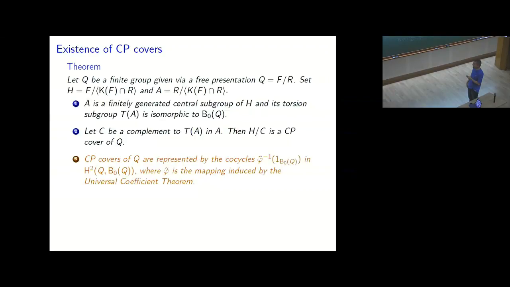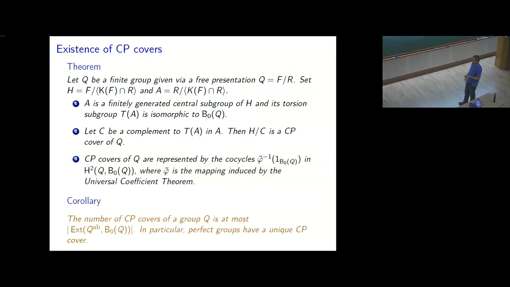Basically, you have to look at the cocycles in the kernel of this phi tilde map, which comes from the universal coefficient theorem. If you remember that theorem, you just have to use this B naught of Q instead of that n. So these CP covers are represented by these cocycles. It's just that they may be isomorphic, so you can't really count them up to isomorphism.